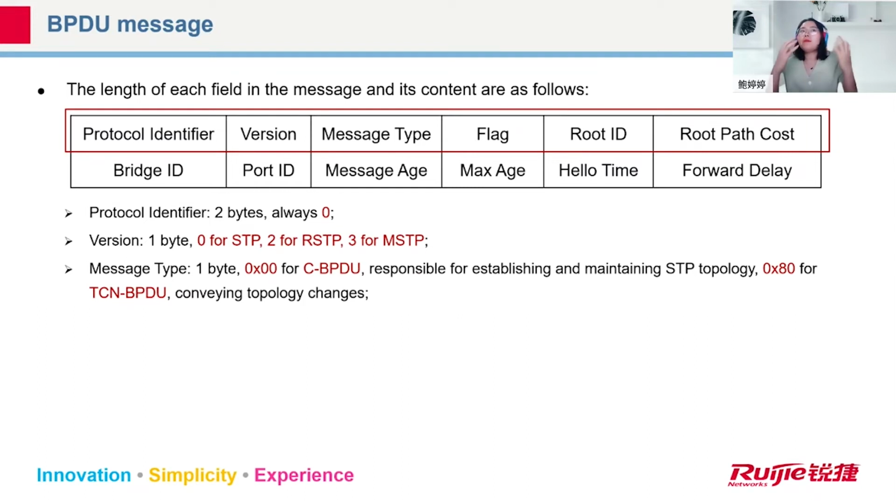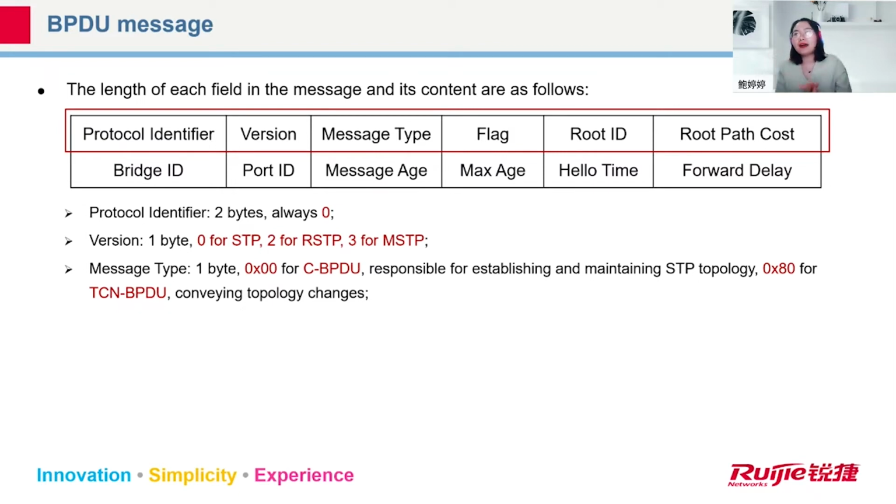For example, about the STP, we have 2 main steps. The first one is to calculate who is root and what's the interface type, RP, DP, or AP. This is the first step, right? The second step, if one link is broken, we have to immediately enable the backup interface to help us forward the traffic, right?